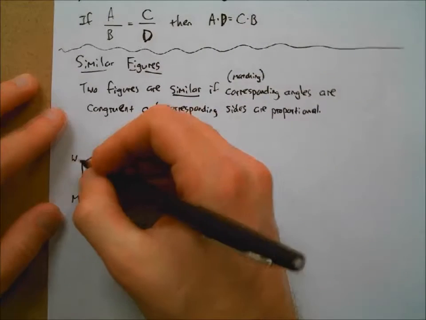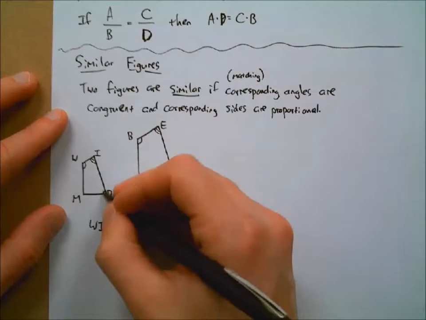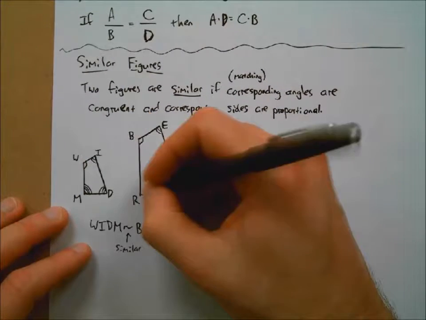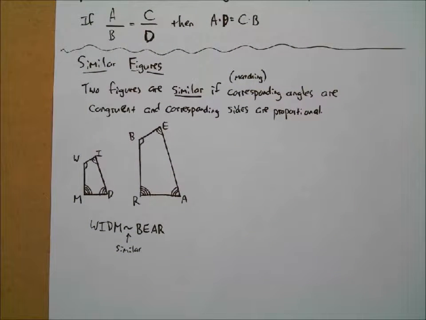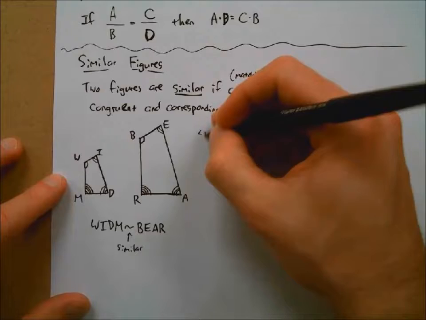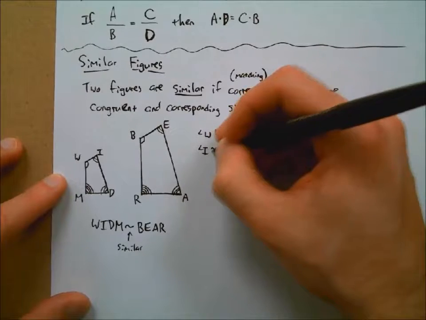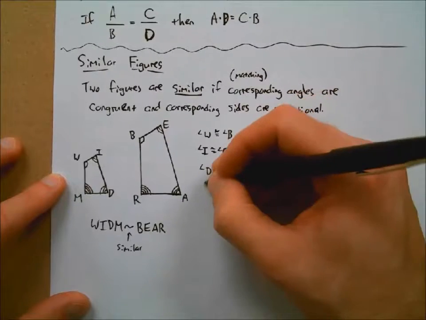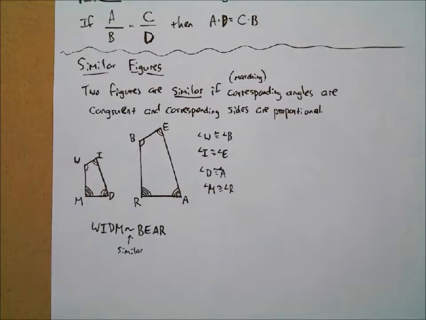For example, W must be congruent to B, I must be congruent to E, D will be congruent to A, and M will be congruent to R. In other words, angle W is congruent to angle B, angle I is congruent to angle E, angle D will be congruent to angle A, and angle M will be congruent to angle R. Angles are congruent in similar figures.